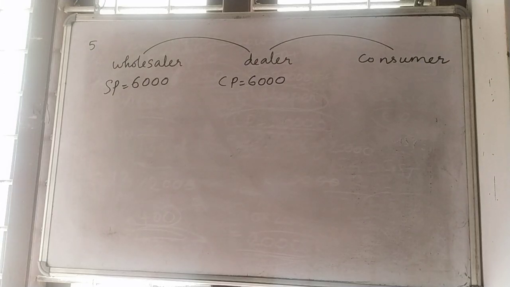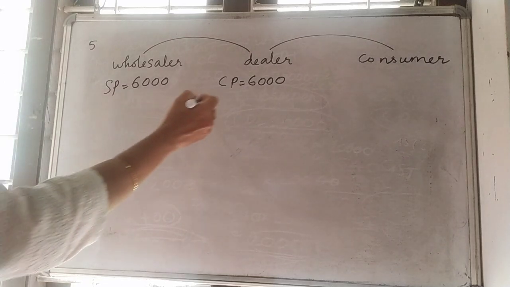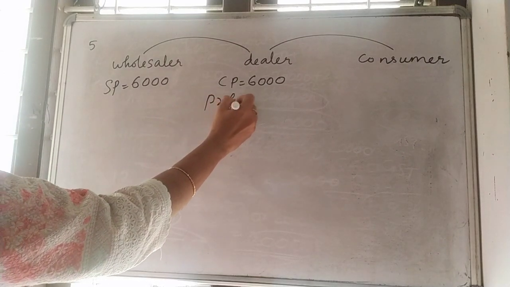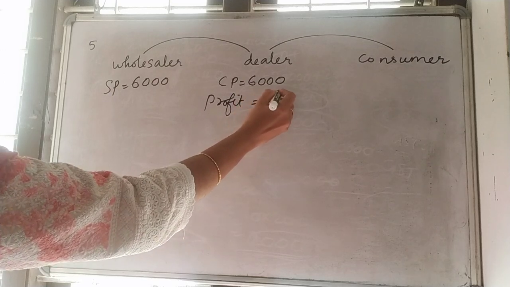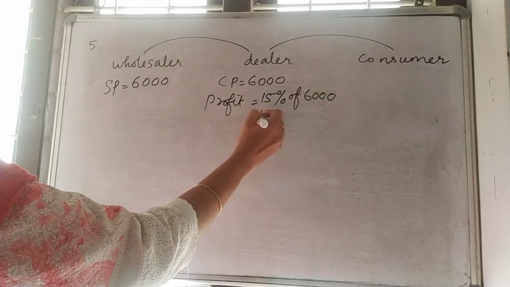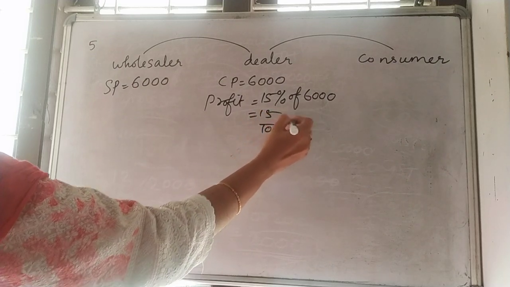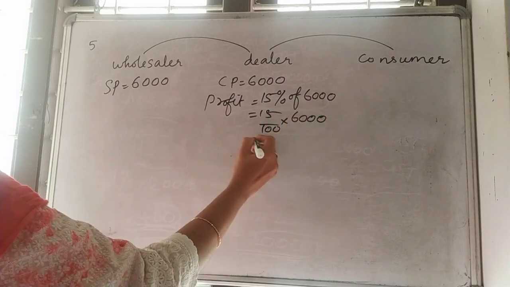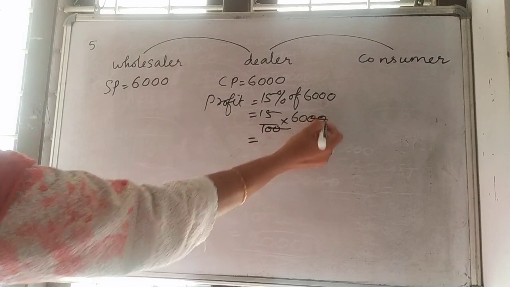And he is getting a profit of 15%. Profit percentage is given as 15%. So what will be the profit? Profit will be 15% of 6,000. So 15 by 100 into 6,000, cancel it.